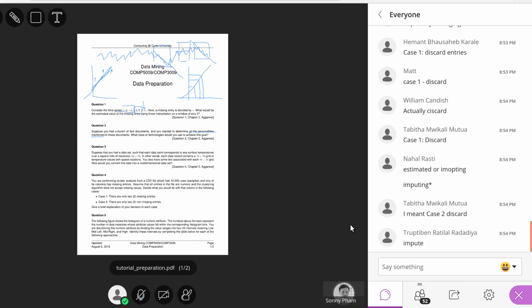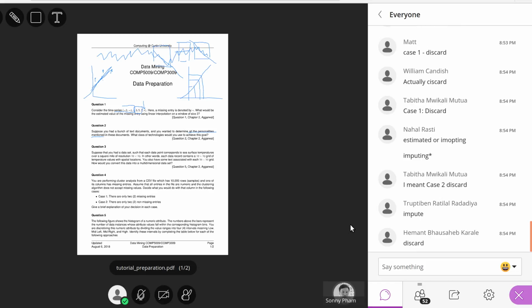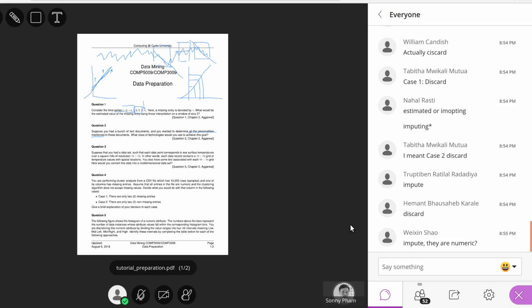With only 2 missing entries, are we going to throw the 2 entries away? Sorry, it's not entries. We cannot really throw the entries away. We have to do something about the entries. So what are we going to do, more specifically? Yep. Okay. So we can impute because they are numeric. That's certainly one choice. So can we impute in the first case?